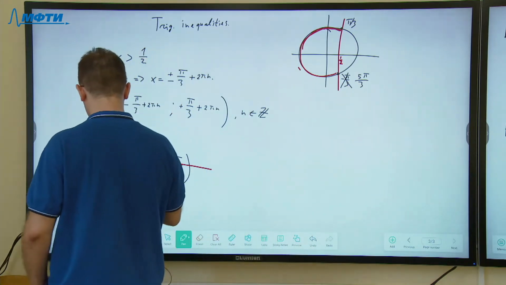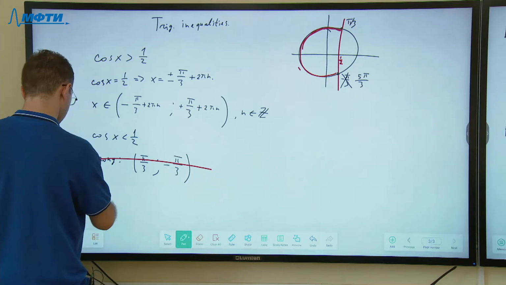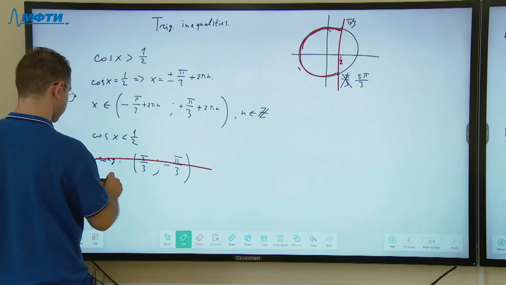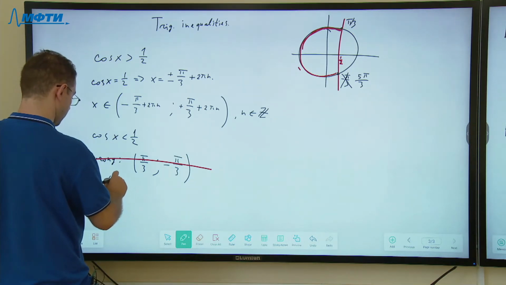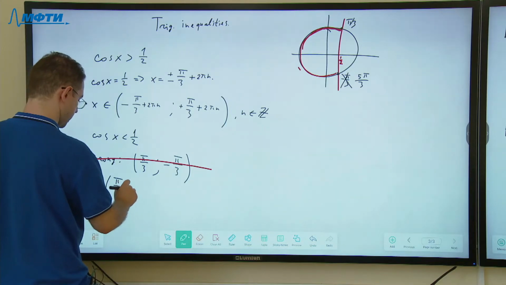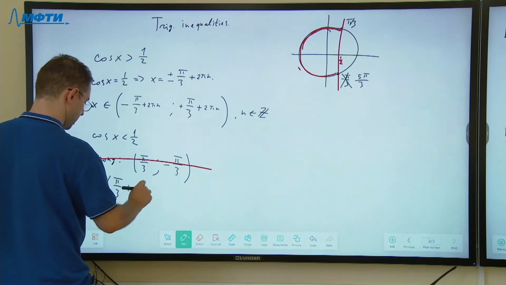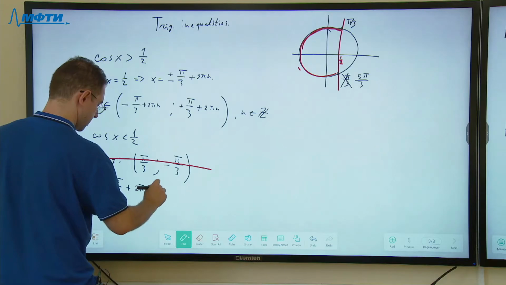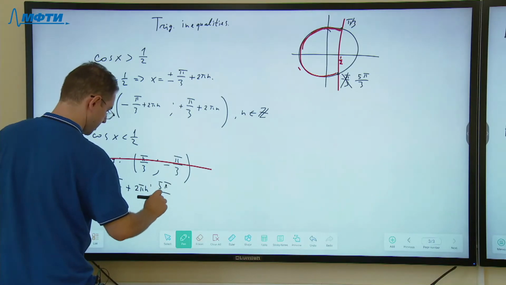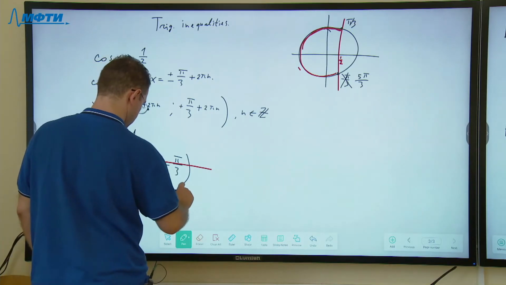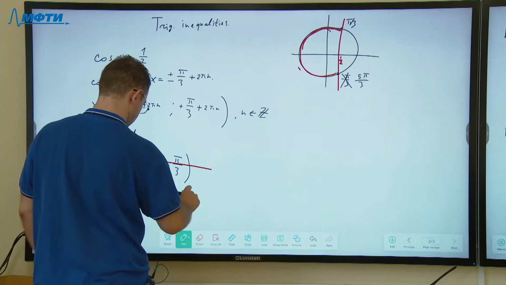So the correct solution would be x is from pi by 3 plus 2 pi n to 5 pi by 3 plus 2 pi n.